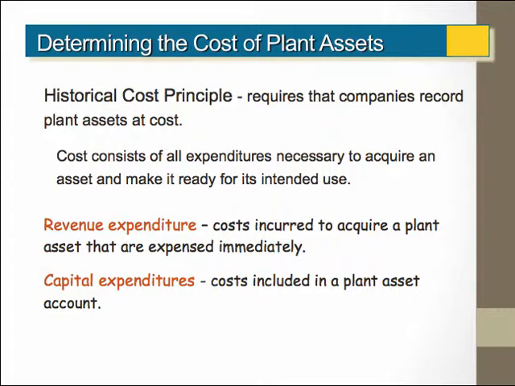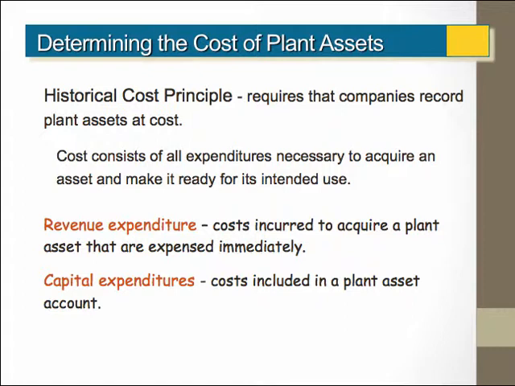Now, when we look at what we spend for our assets, there are two types of expenditures. One called a revenue expenditure and the other is called a capital expenditure. Revenue expenditures have an immediate impact and they are therefore expensed in the period that they are incurred.